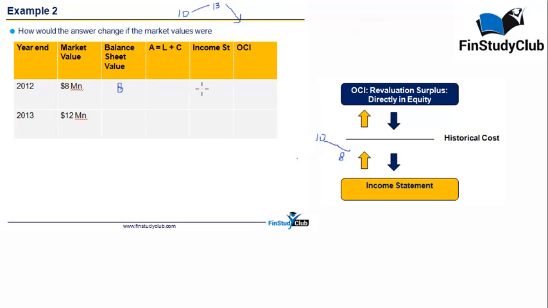You got to measure it at 8, and the gap of 2, from 10 it has become 8, so the loss of 2 will be first booked in income statement. And of course, in the next year the value goes up to 12, so it goes up by 4, and out of this 4, from 8 to 12, above the line is plus 2, and below the line is also plus 2.